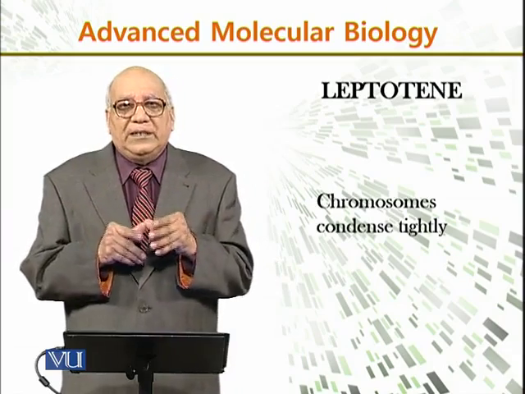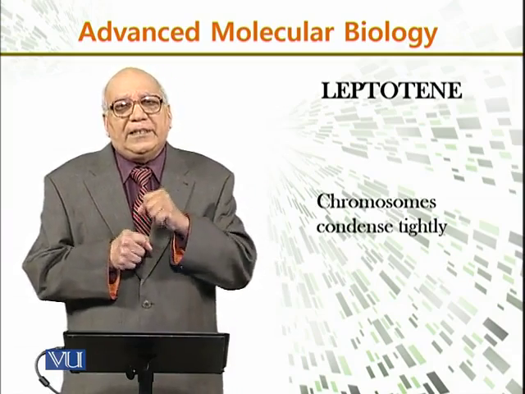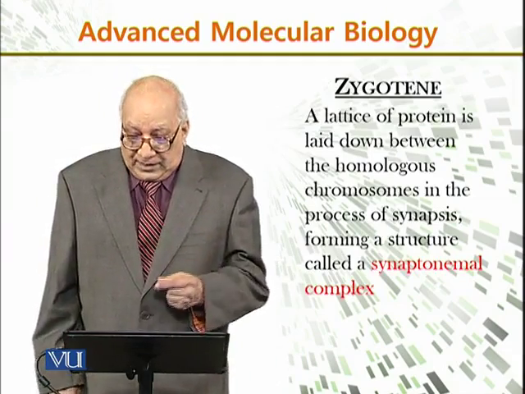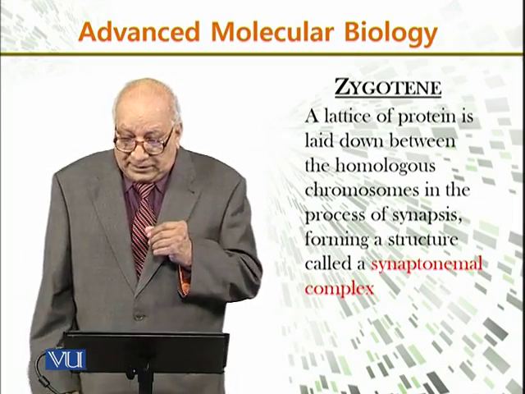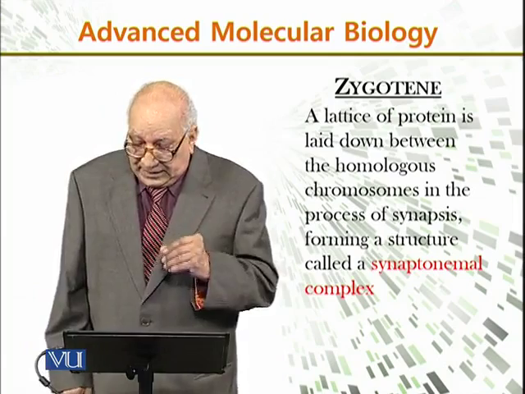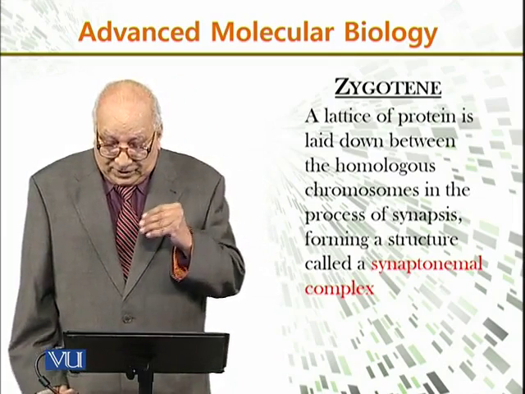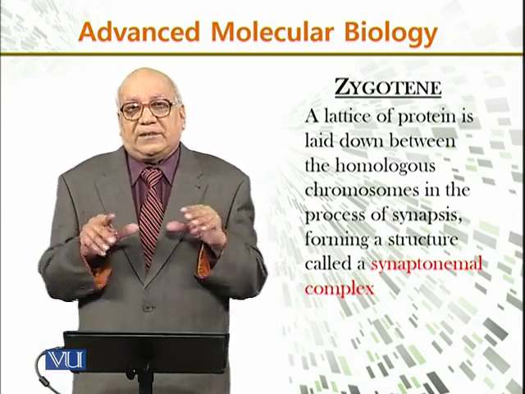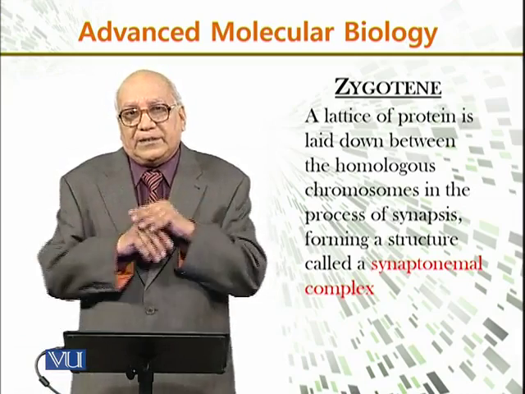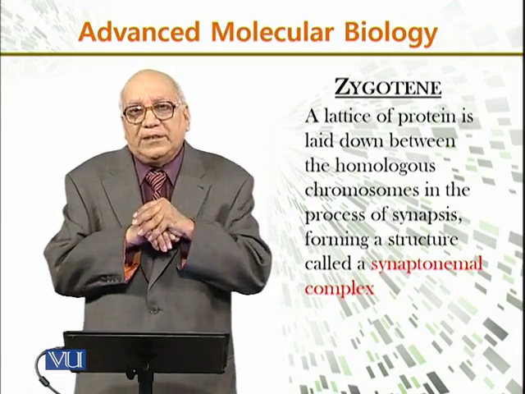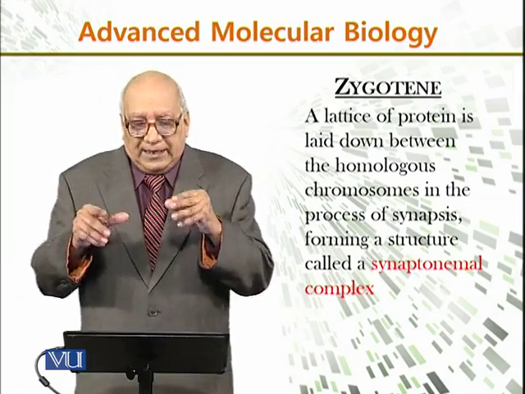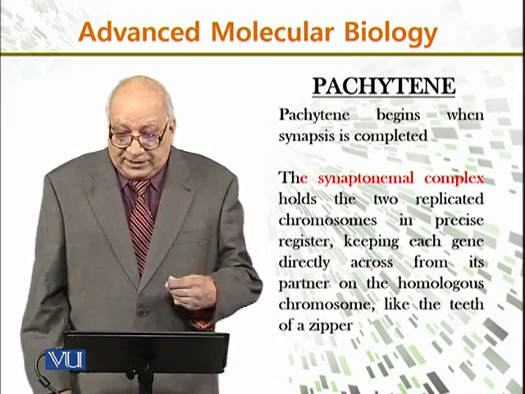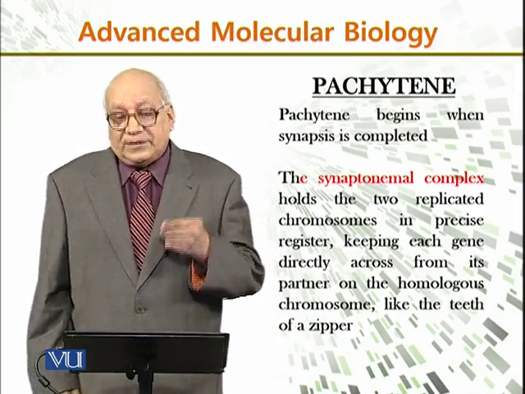Then in zygotene, a lattice of protein is laid down between the homologous chromosomes in the process of synapsis, forming a structure called the synaptonemal complex. As we studied earlier, what is a lattice? A lattice means a protein structure that joins them together. Then pachytene begins when the synapsis is completed.